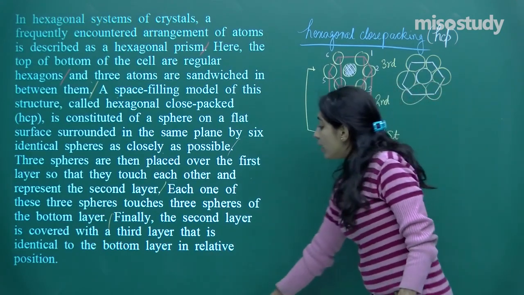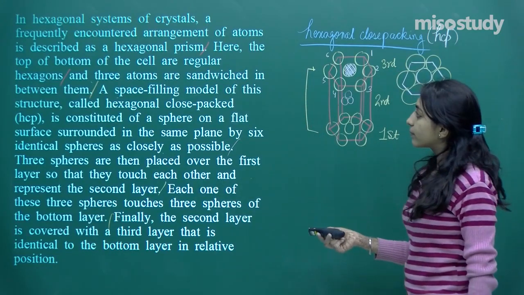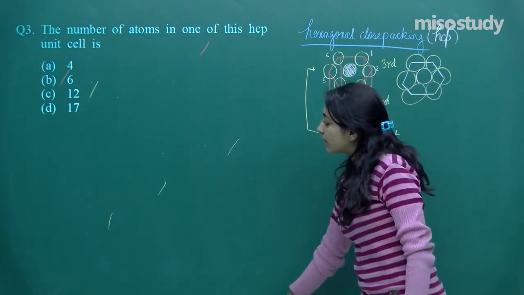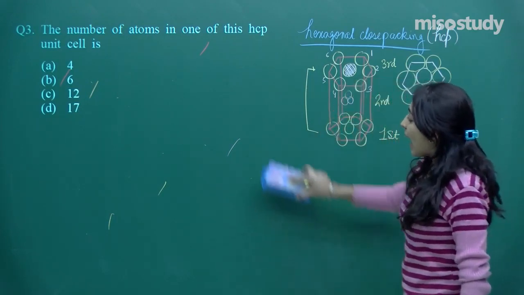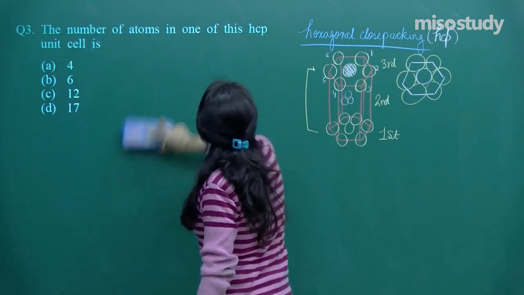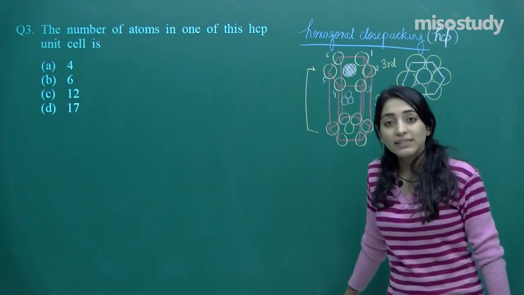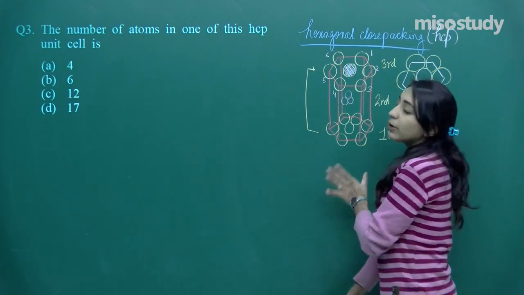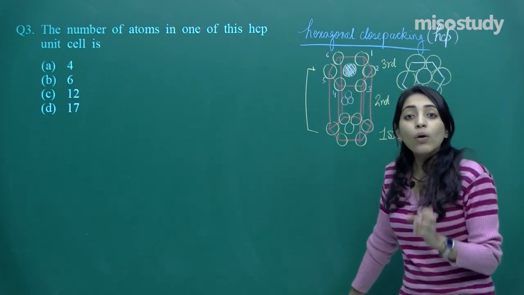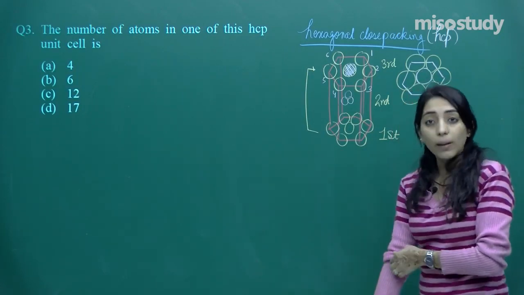Okay. Now let us finally look at the question. This is the question given to me, and the question says: the number of atoms in one of these HCP unit cells is. This is the HCP unit cell that is given to me. Now I simply need to figure out how many total atoms are present.